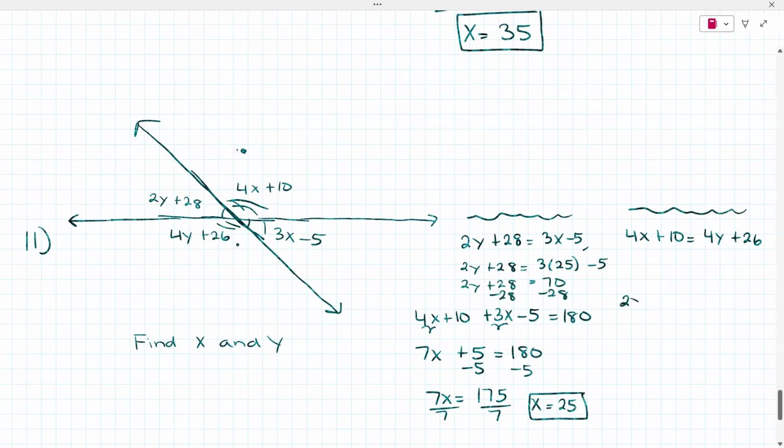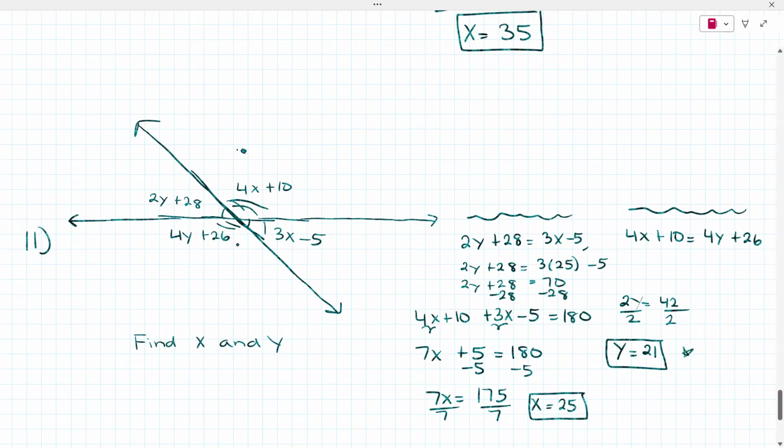So you get 2y equals 70 minus 28, which is 42. Divide this by 2, and I get y equals 42 divided by 2, which is 21. Box it. And then over here, I think we found our answers. x equals 25 and y equals 21.